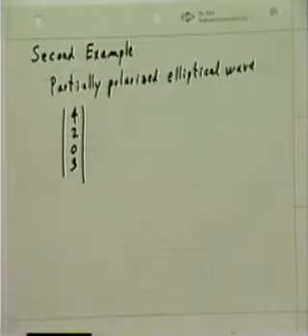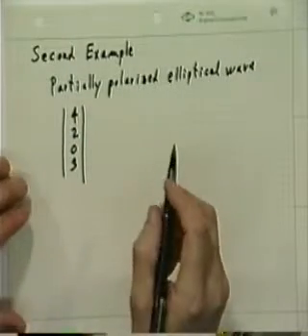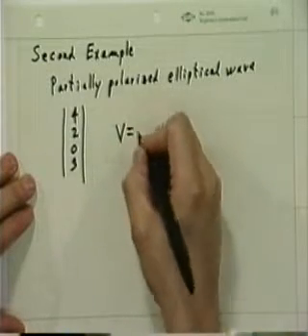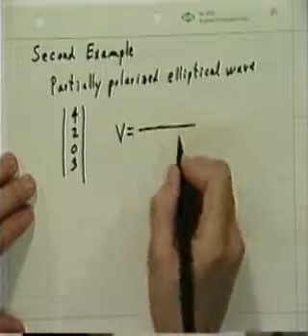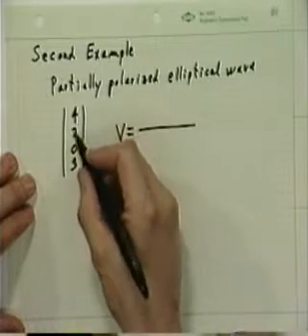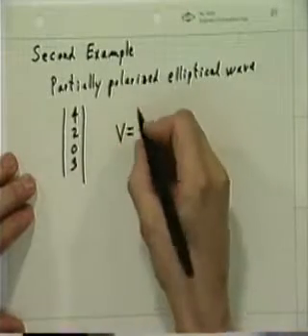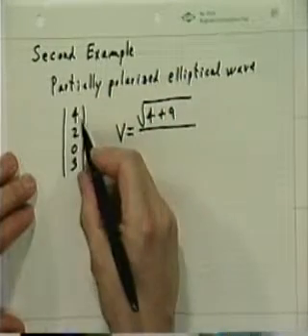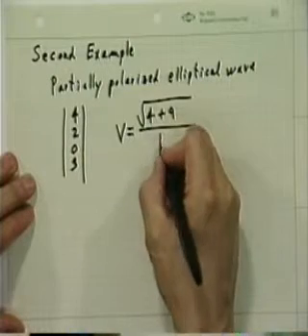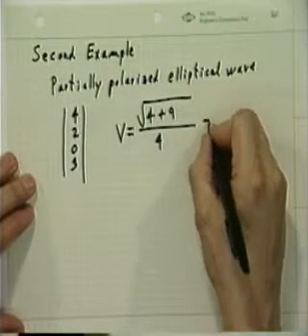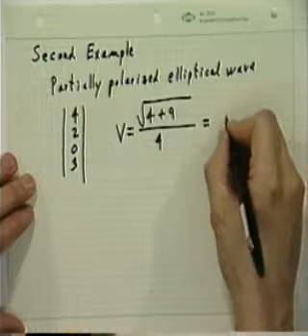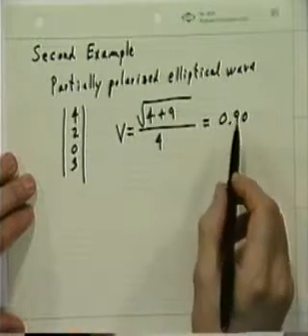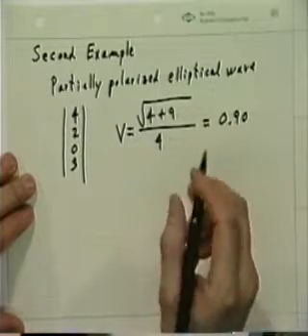And this will represent our wave, partially polarized. We say it's partially polarized because if we write the degree of polarization here, remember that's the square root of the sum of the squares of these guys. That's the square root of 4 plus 9 divided by the first guy here, 4. So square root of 13 over 4, according to my notes, is 0.9 roughly. And so it's partially polarized.